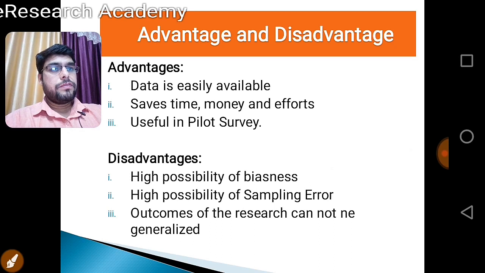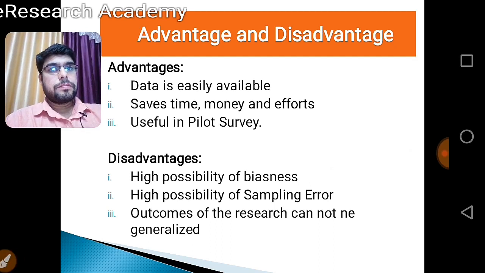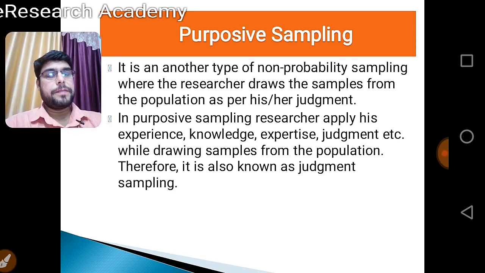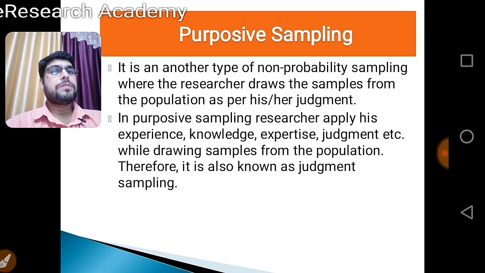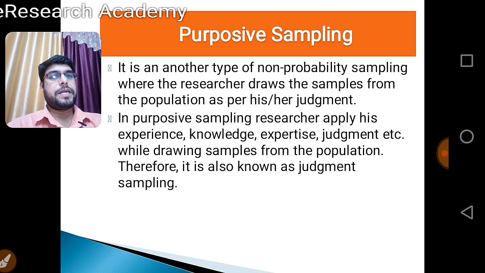So next, we have the next method, that is purposive sampling. It is another type of non-probability sampling where the researcher draws the sample from the population as per his personal judgment, experience and expertise.